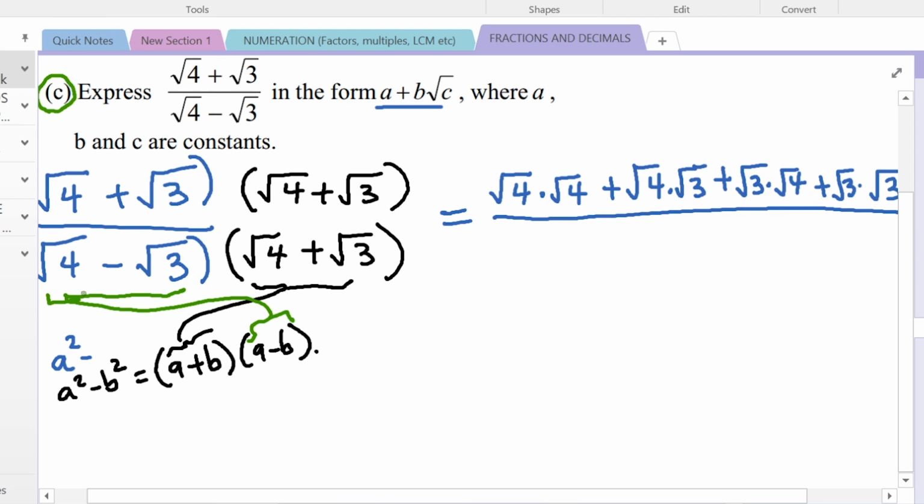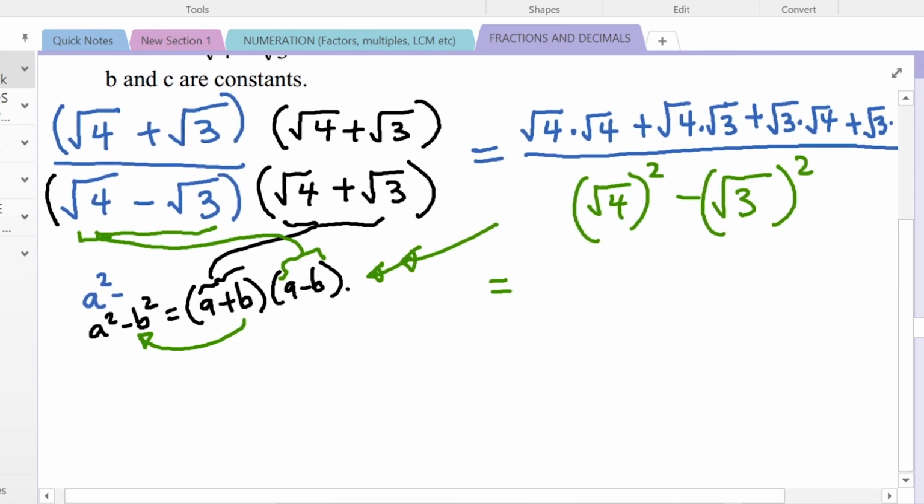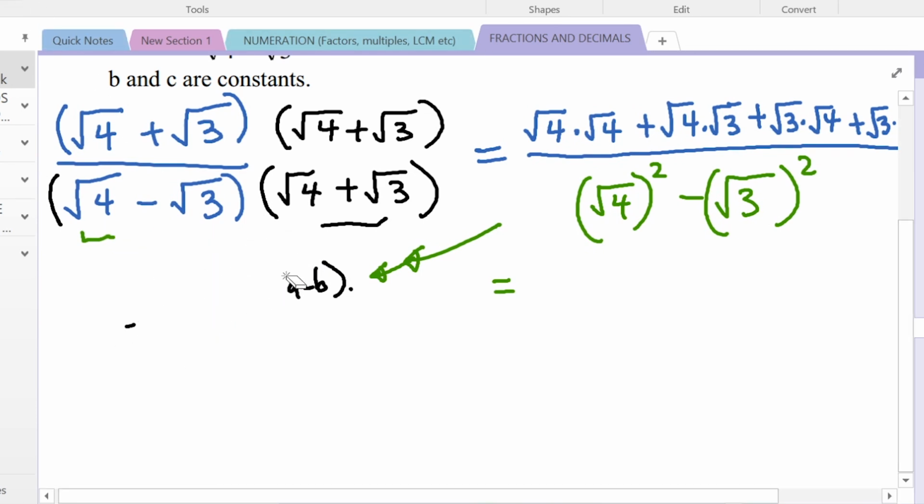Our value of a is root 4, our value of b is root of 3. So the denominator can be expressed as root of 4 squared minus root of 3 squared. This is coming from that identity. Again, I do not want to go so much into details. We are just doing revision, meaning that we studied the details of these things when these topics were introduced to you in class. So let me try to wrap that off.